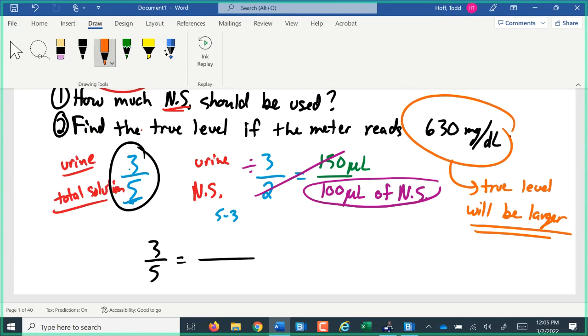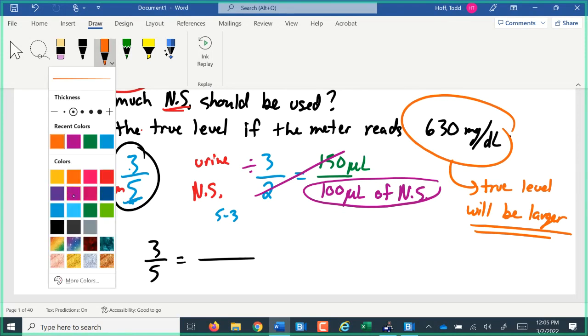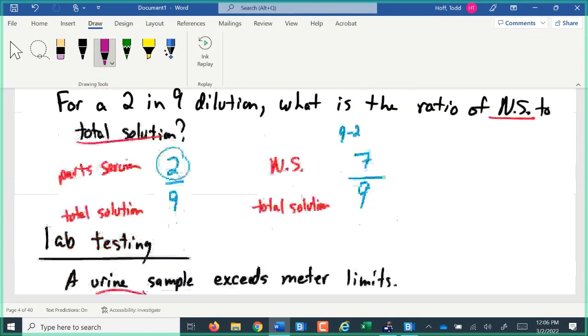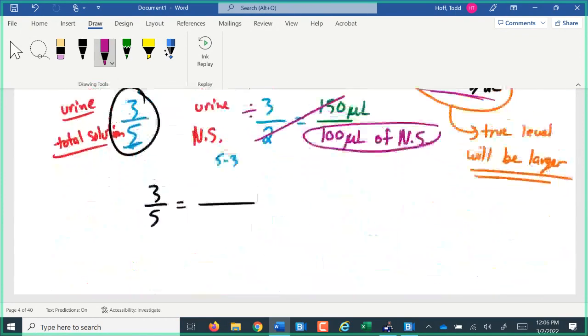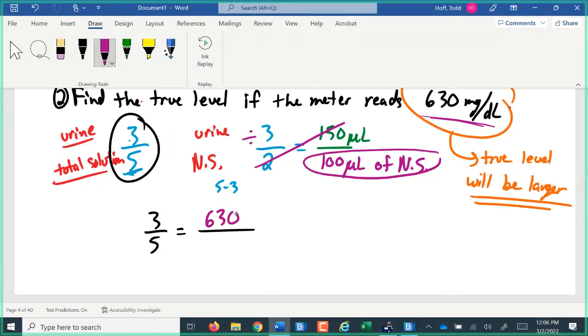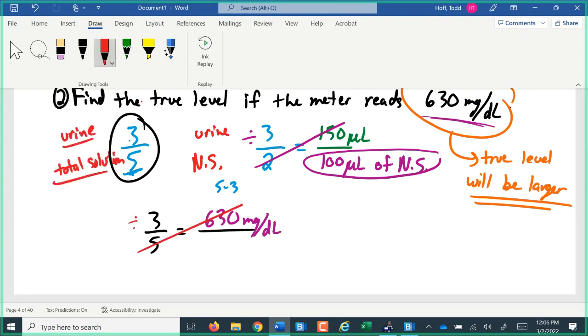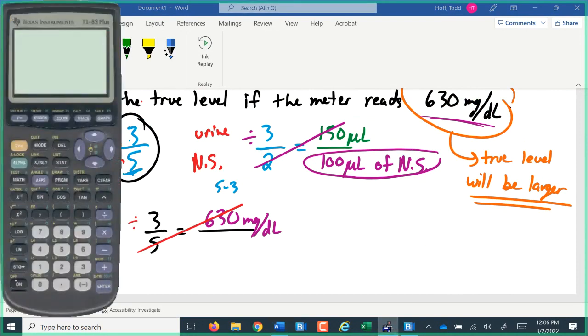So the meter read 630 milligrams per deciliter. We're expecting our true level to be higher than that. So that means the 630 has to go with the smaller number. 630 will go with 3. And now we will cross multiply and divide: 5 times the 630 divided by 3.